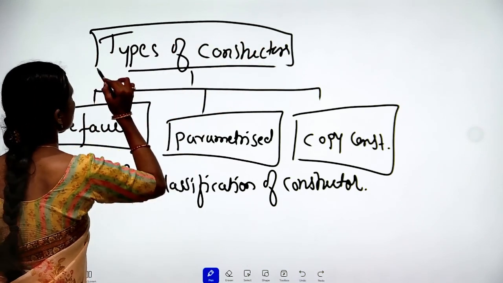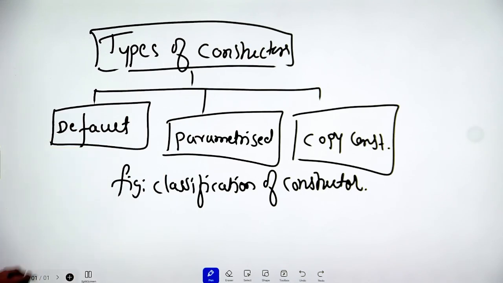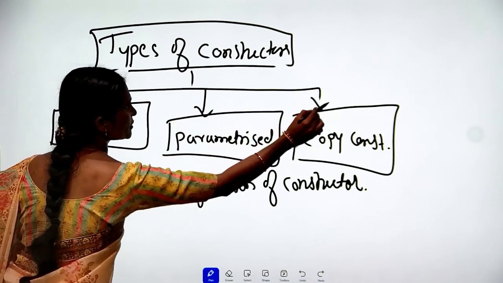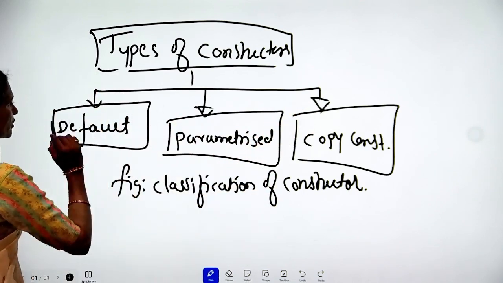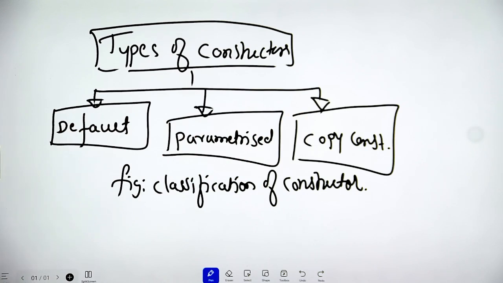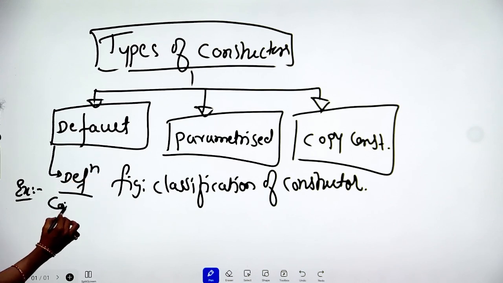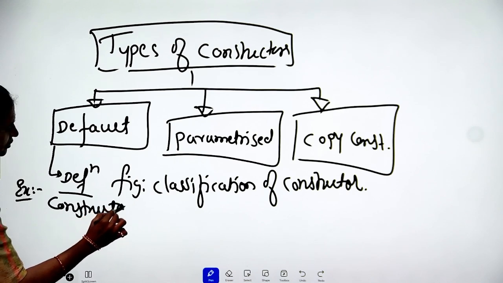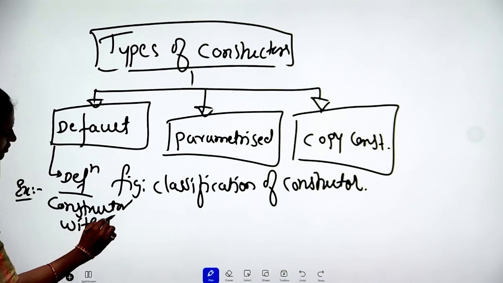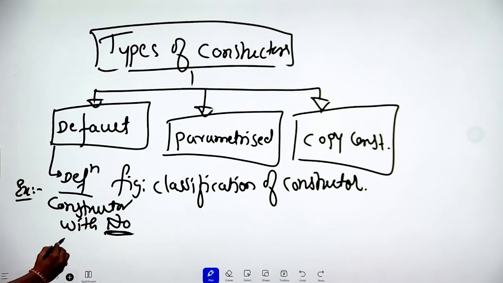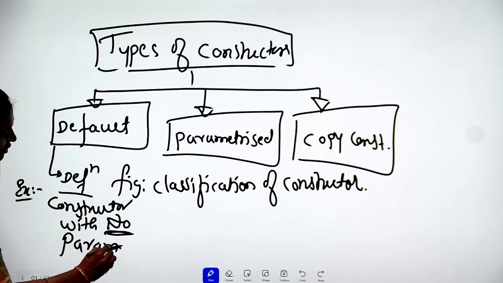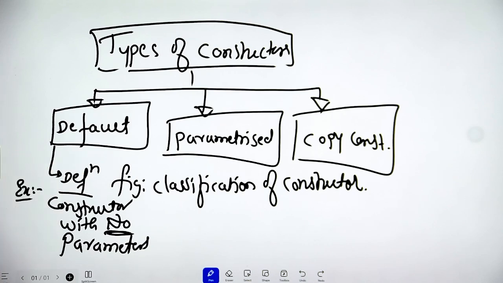There are majorly three types of constructors in C++. One is the default constructor, one is the parameterized constructor, and the third is the copy constructor. Let's define the difference between them. For example, first, no argument. The definition is a constructor with no arguments. A constructor with no parameters is called the default constructor.